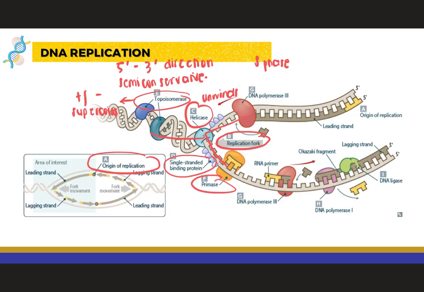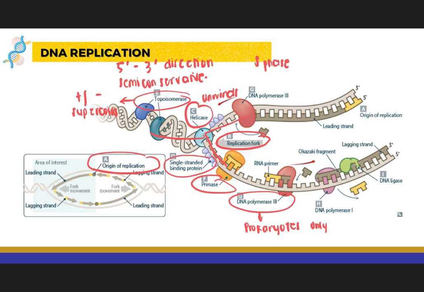So ano yung DNA polymerase 3? DNA polymerase 3 is found only in your prokaryotes. So, ang ginagawa nito, it elongates the leading strand by adding deoxynucleotides to the 3' end and elongates your lagging strand until it reaches your primer of the preceding fragment.